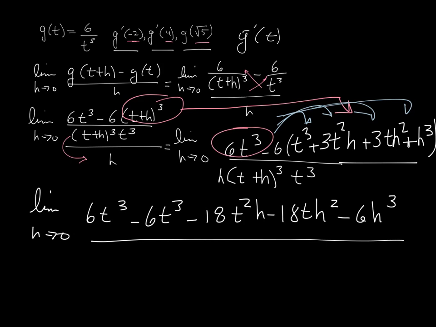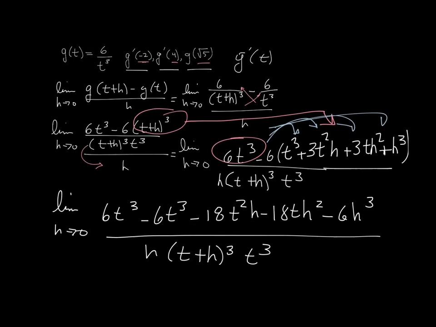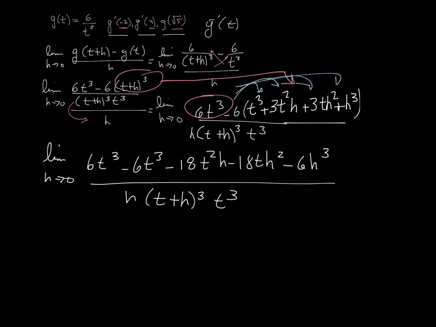So that's all I did, was simply distribute that -6. And then I'm just going to write all this back down on the bottom. Okay, so from here, we can certainly see that cancels. I see everything up top is in terms of an h, so I can factor out an h.